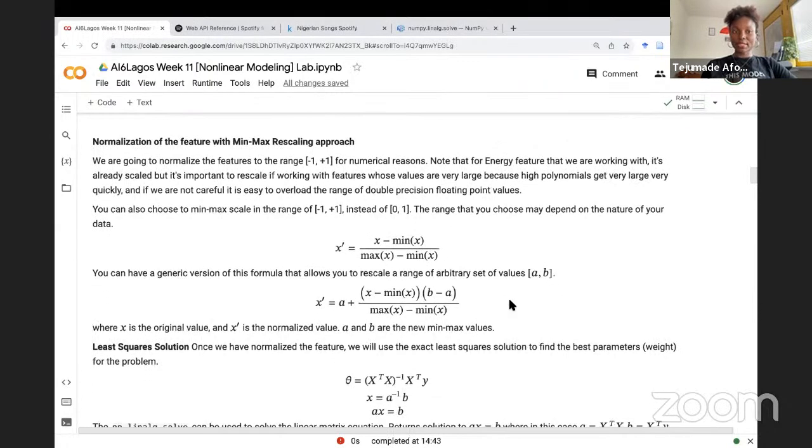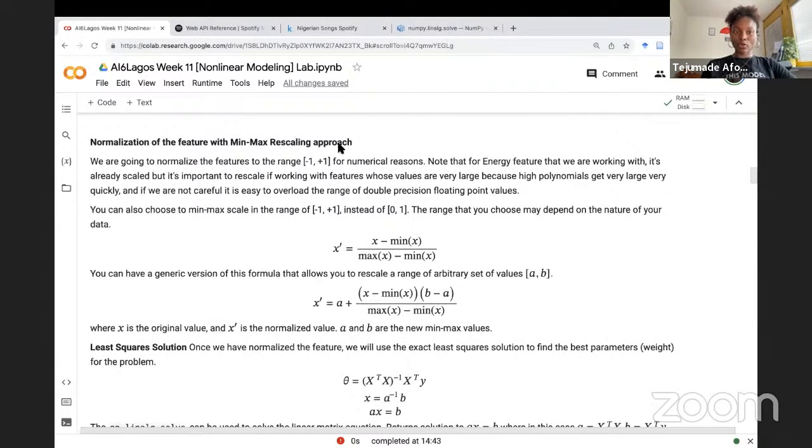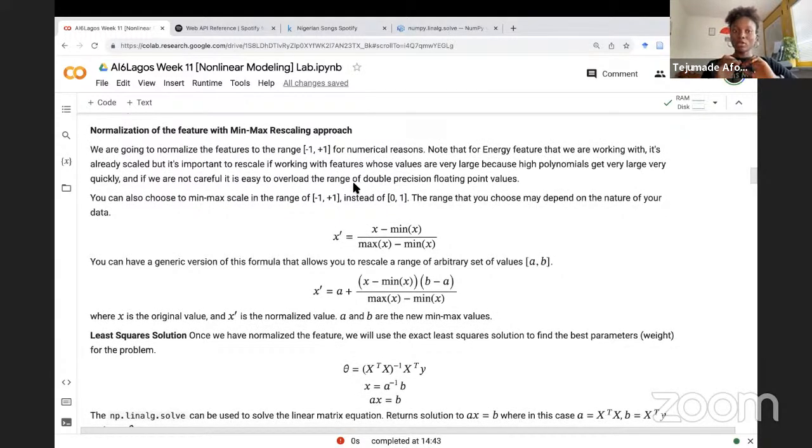But before we do that, I wanted to make a note here that usually when you have multiple features, or even one feature that has very high value, you need to try to scale it down because of floating point issues.